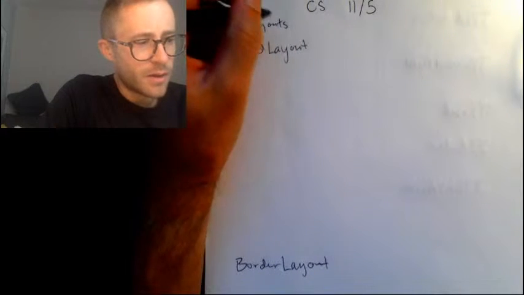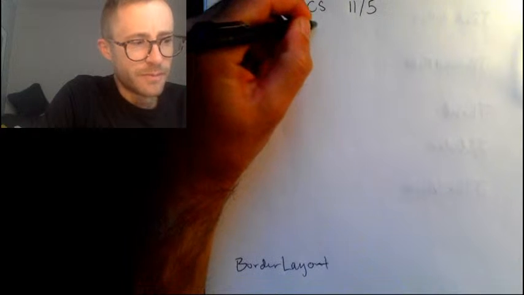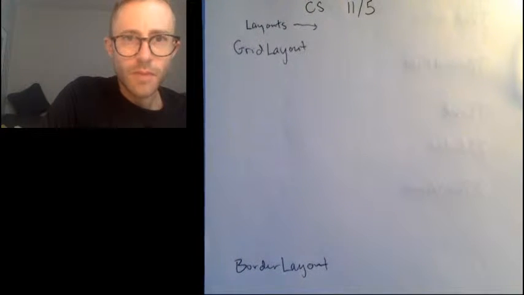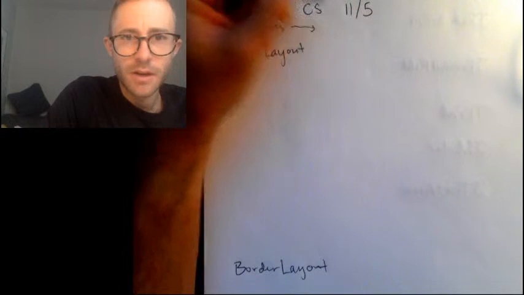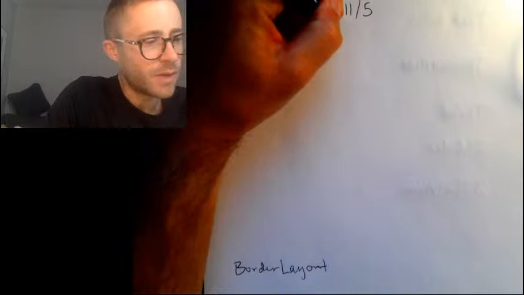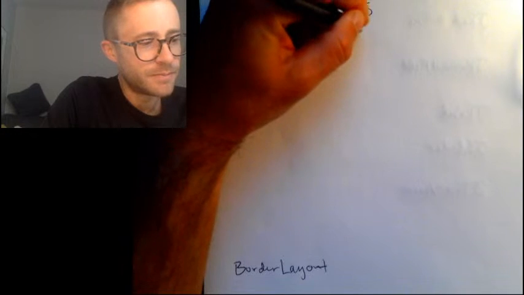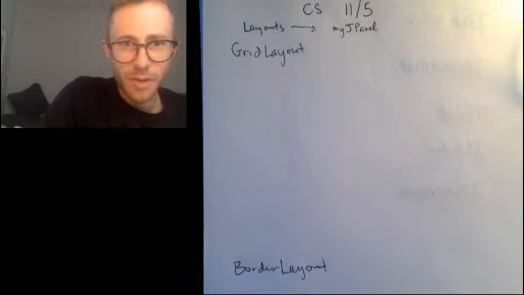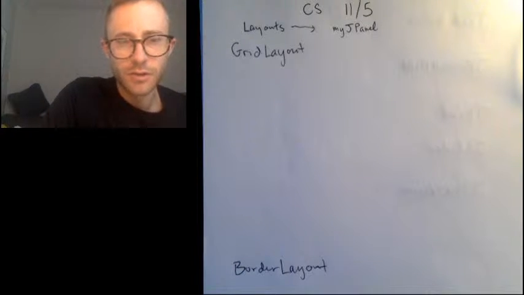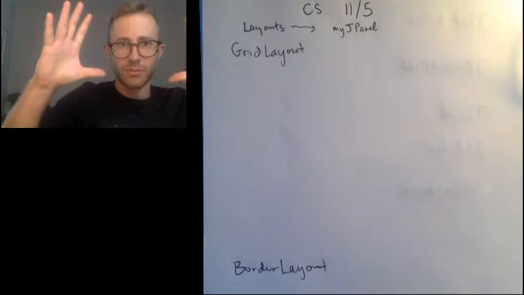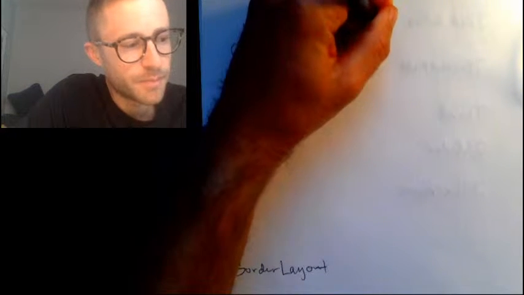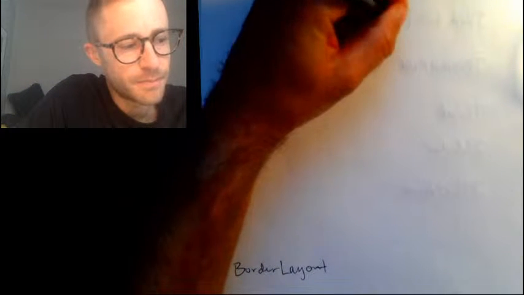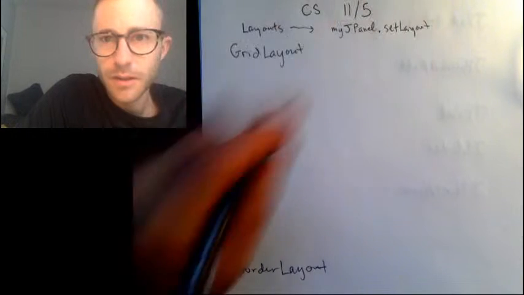So if you have a JPanel, let's say I'm going to call it my JPanel. Remember, a JPanel, that's what your GUI class was extending. A JPanel is basically just like a blank canvas to put things on. The JPanel class has a method called setLayout.